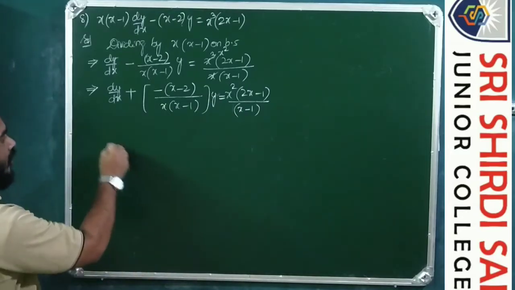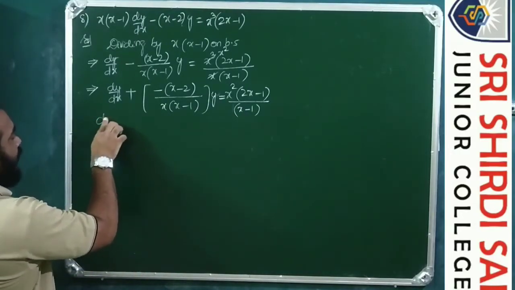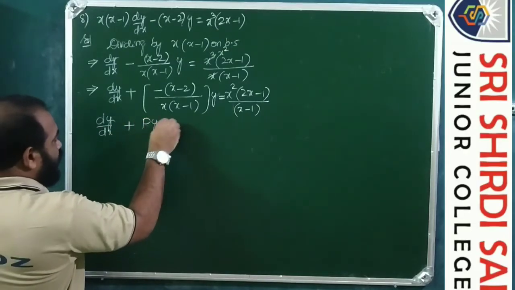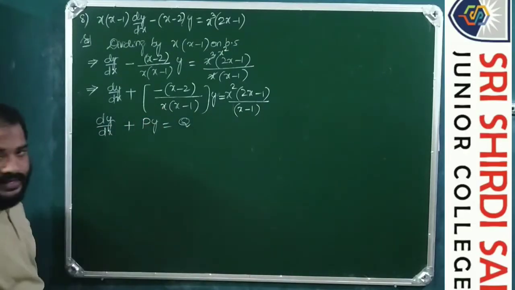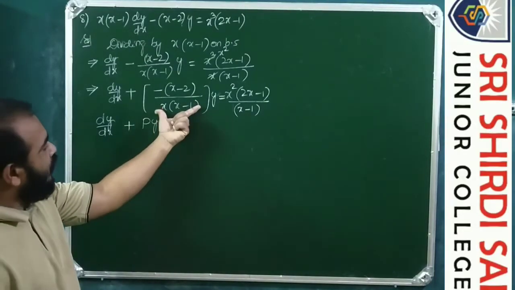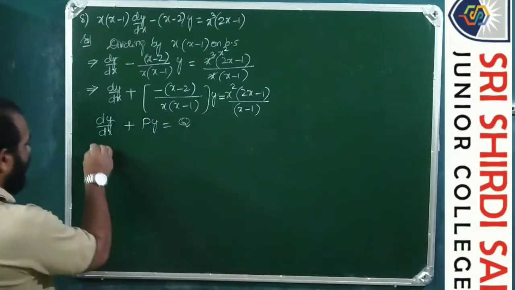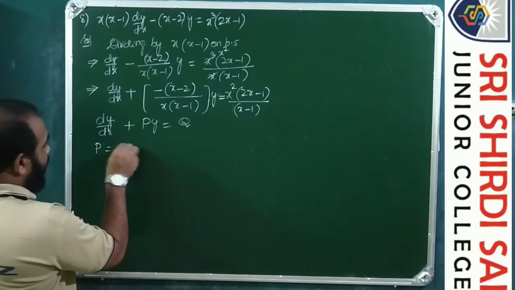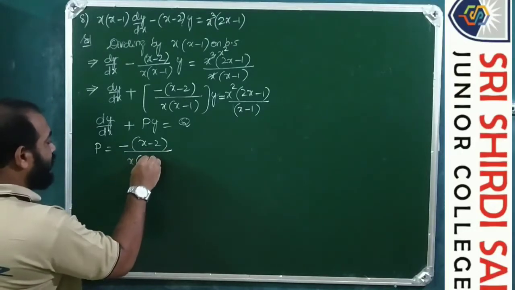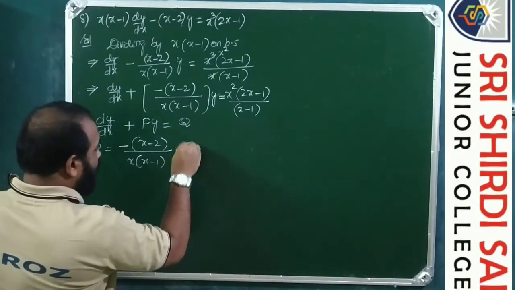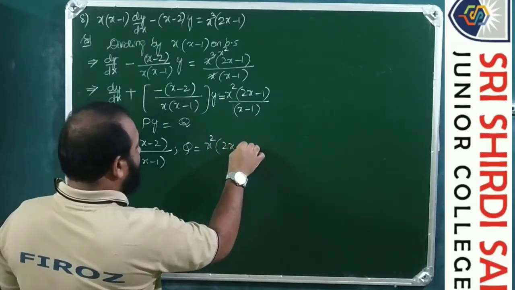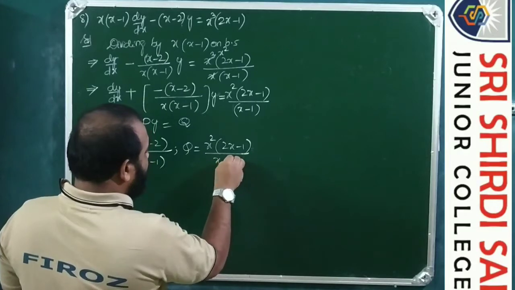Now this is clearly of the form dy by dx plus py equals to q, where p comma q should be in terms of x. Yes, we got in terms of x only. So p is equals to minus of x minus 2 by x into x minus 1, q equals to x square into 2x minus 1 by x minus 1.